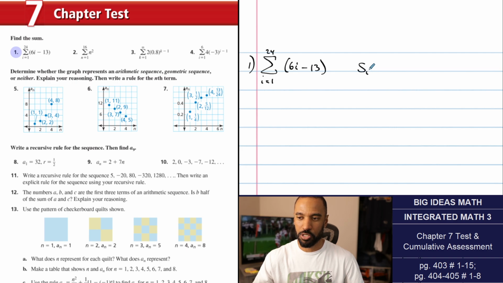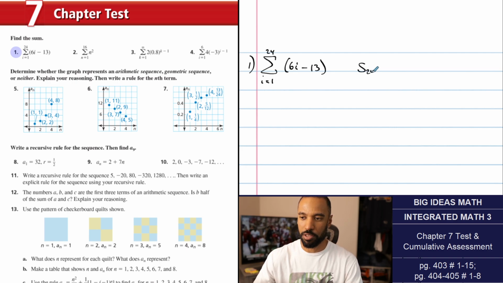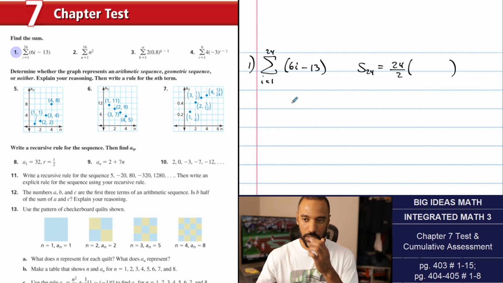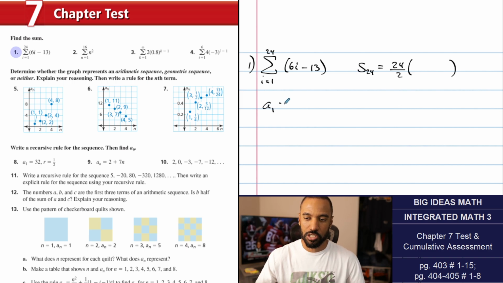Let's find the sum of the first 24 terms by dividing 24 over 2 and multiplying by the first term plus the last term. Now the first term, a sub 1, would be 6 times 1 minus 13, which is negative 7.